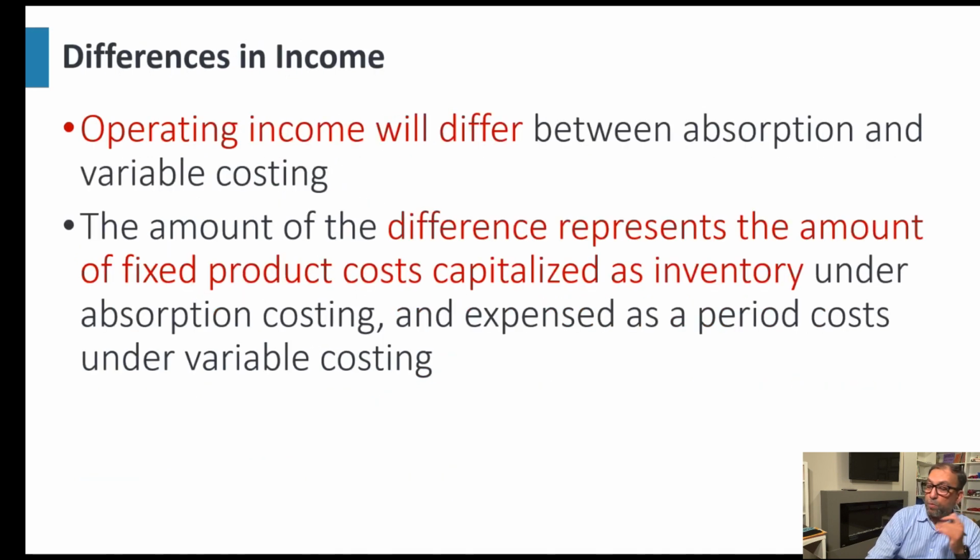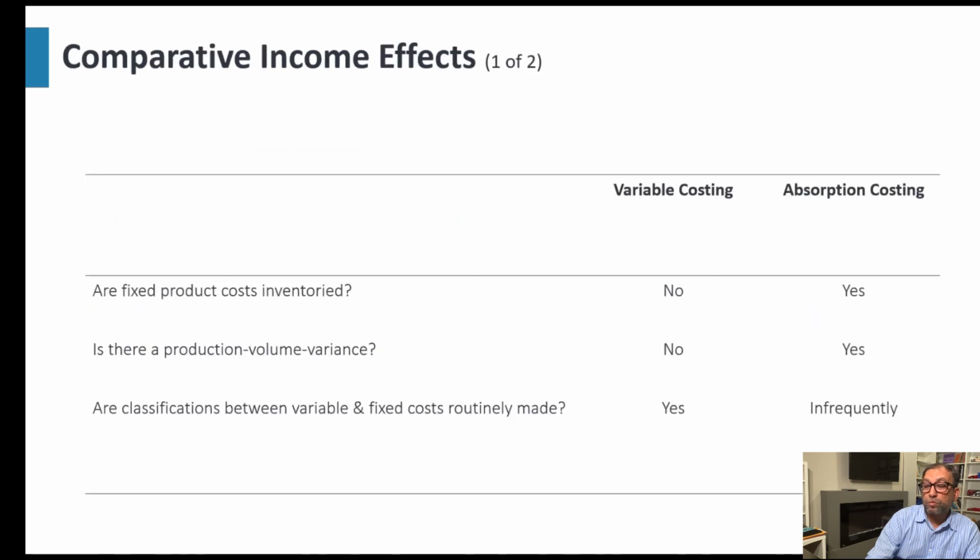So what is going to happen to the income when we use different methods, absorption costing or variable costing? Operating income will differ between absorption and variable costing. The amount of the difference represents the amount of fixed product cost capitalized as inventory under absorption costing and expensed as a period cost under variable costing. So if we compare the comparative income effect: are fixed product costs inventoried in variable costing?